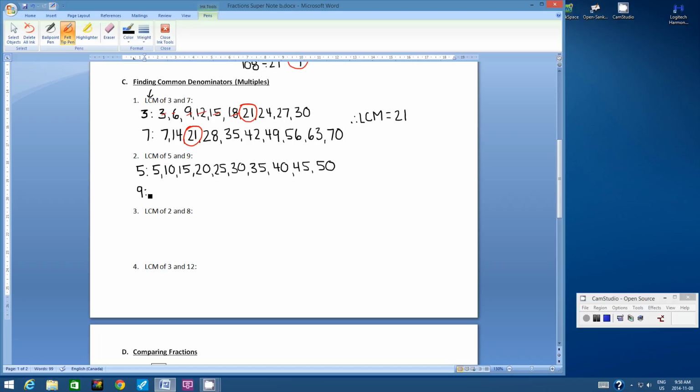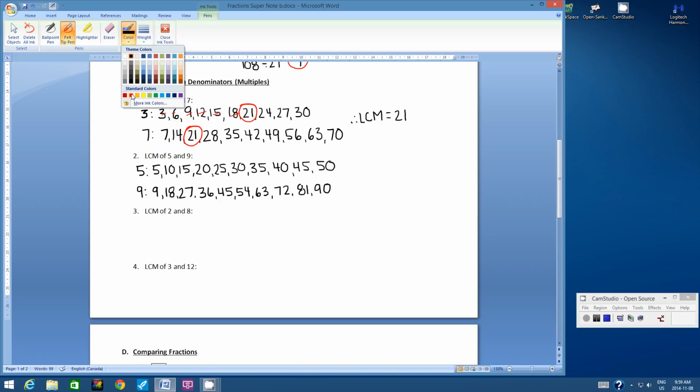Now I'm going to generate my list of multiples for 9, starting with 9 times 1. All right, I've generated my list of multiples of 9, all the way up to 90, 9 times 10.